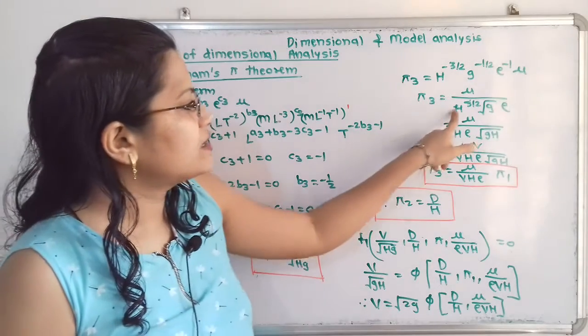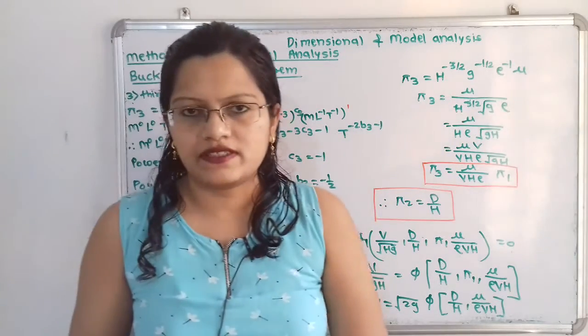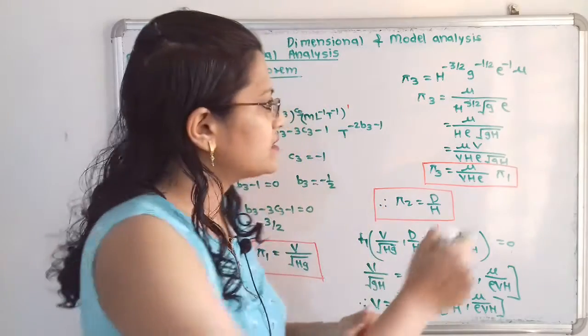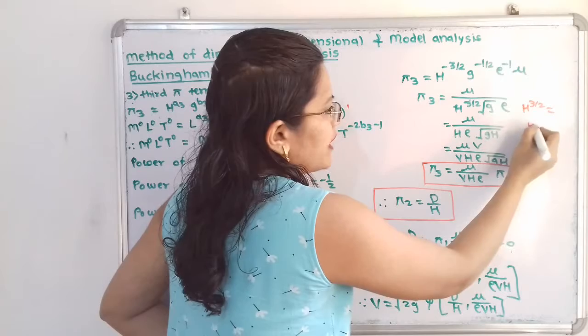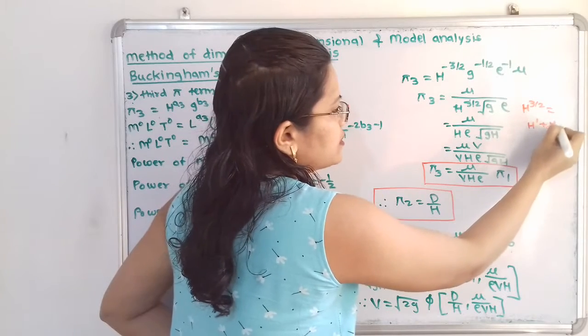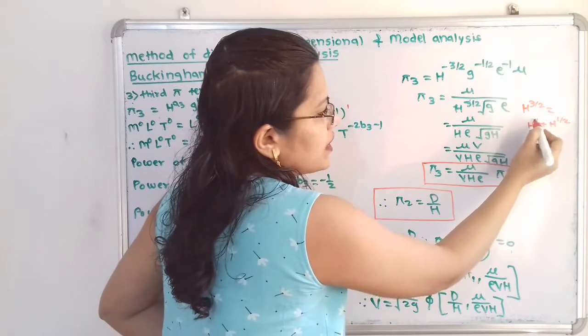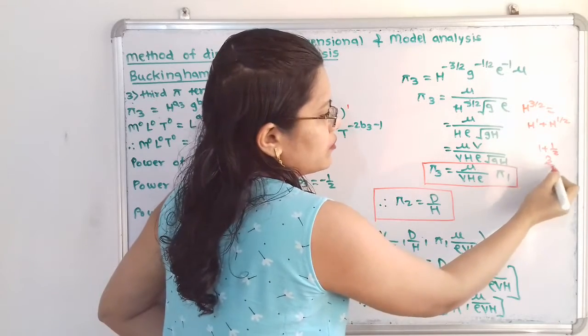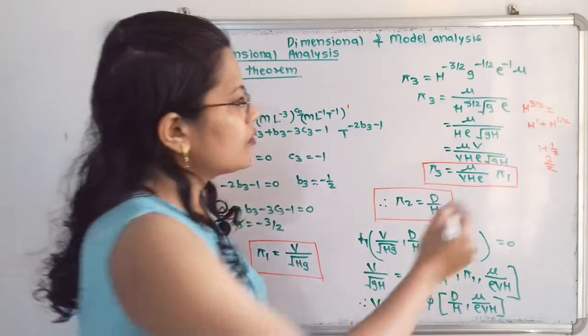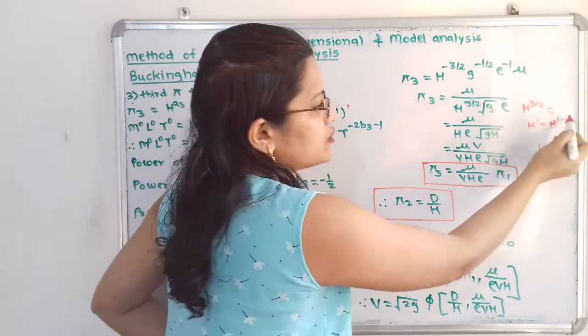Now this h we can split into two parts. How we can split? So h raised to 3 by 2, that is equal to h raised to 1 into h raised to half, because 1 plus half means what? 3 by 2. So I will split this. Now h raised to half means what?